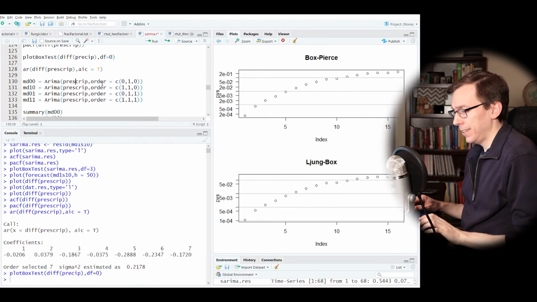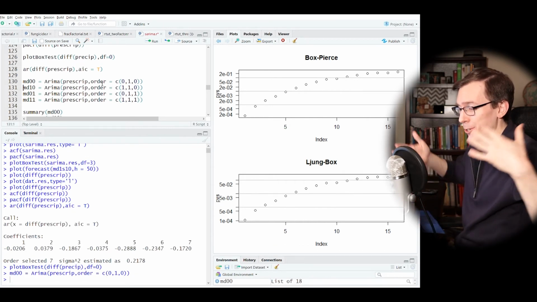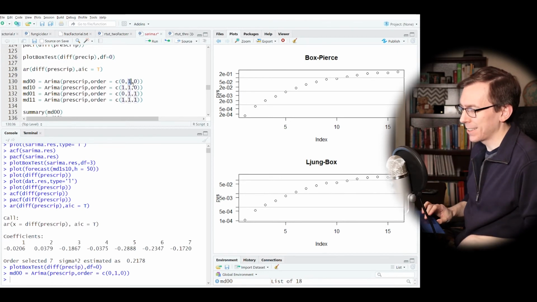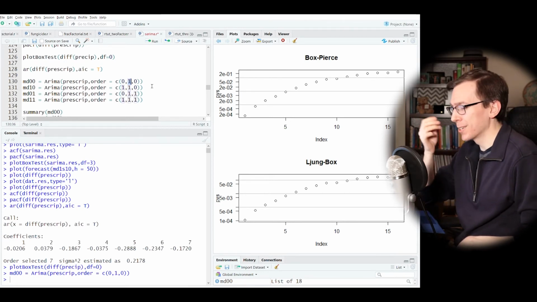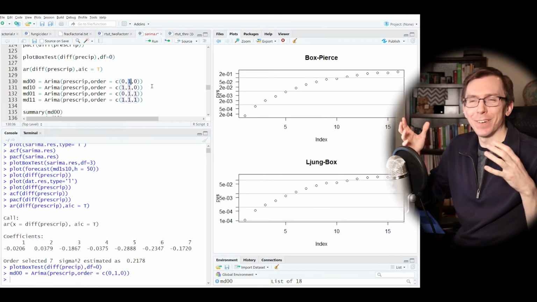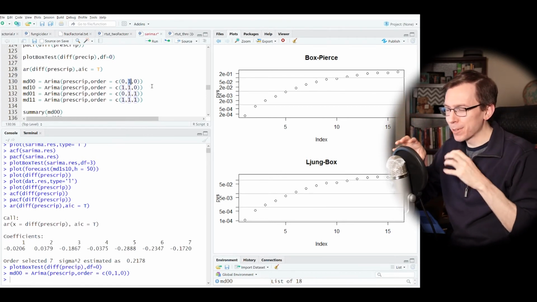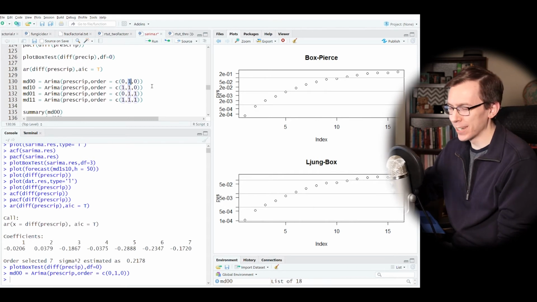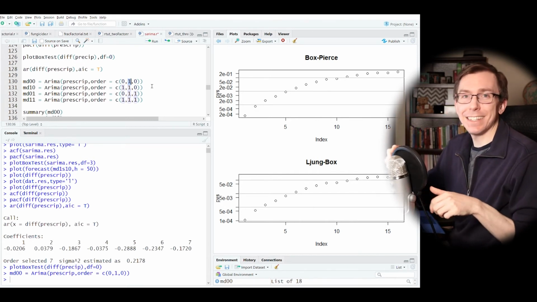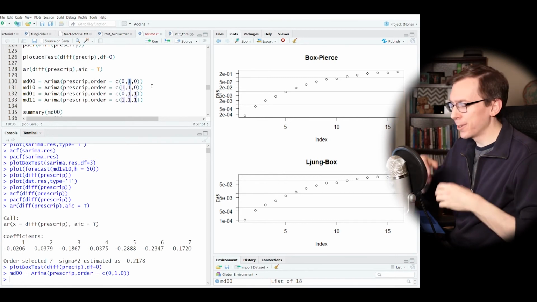Now, I can fit a model that just assumes that we have a random walk. This is basically the random walk or the linear trend model. It's saying that if I take a first difference, I want to get white noise, right? Usually we want the residuals to look like white noise. So if the first model is true, then I take a difference and I get white noise.